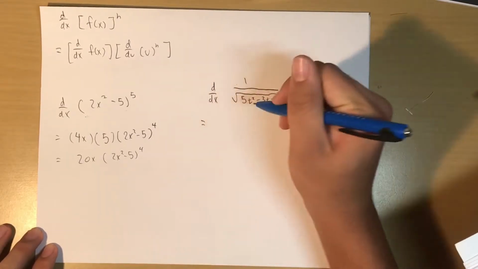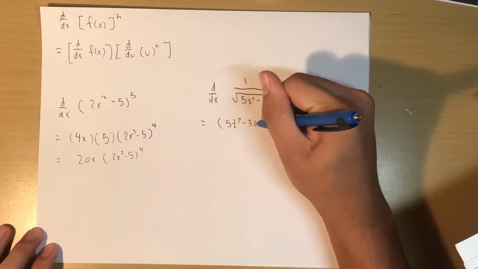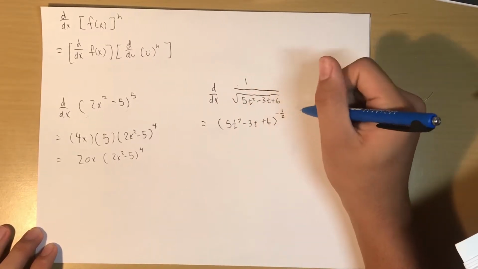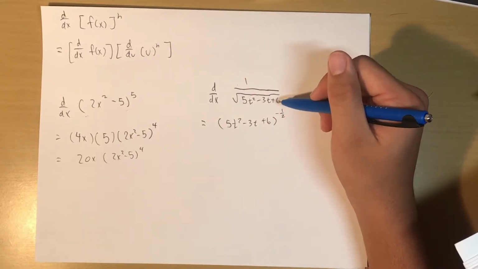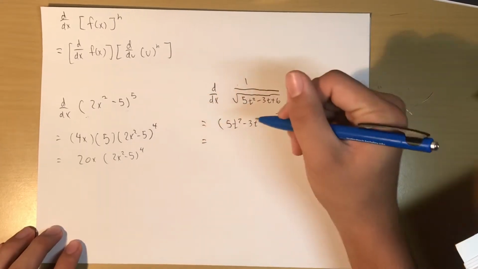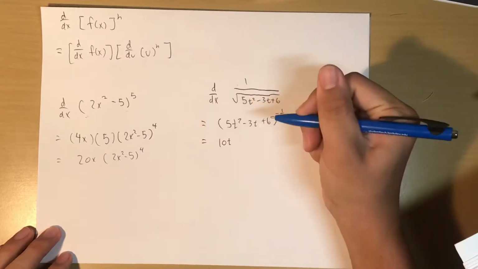But actually, you can rewrite this as 5t squared minus 3t plus 6 raised to the power of negative 1/2, because a root on the bottom is a negative fractional power. So we would apply the chain rule, find the derivative of what's inside. You get 10t minus 3.